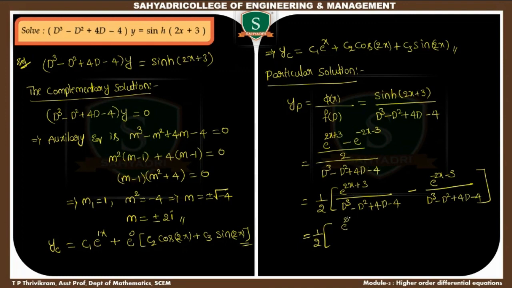So e power 2x plus 3 divided by 2 cube minus 2 square plus 4 into 2 minus 4, minus e power minus 2x minus 3 divided by, here quotient minus 2, so minus 2 whole cube minus 2 whole square plus 4 into minus 2 minus 4.